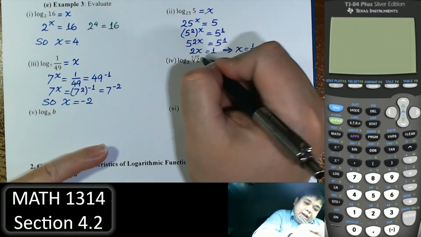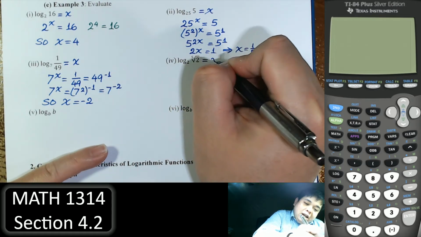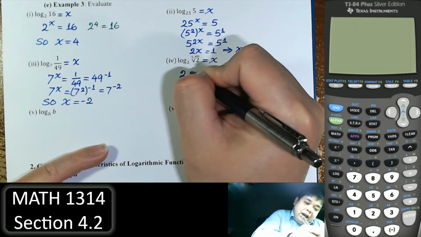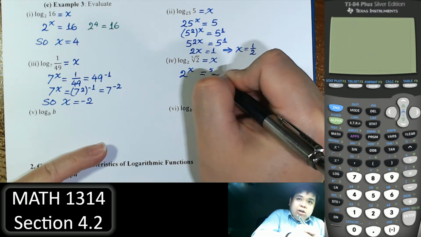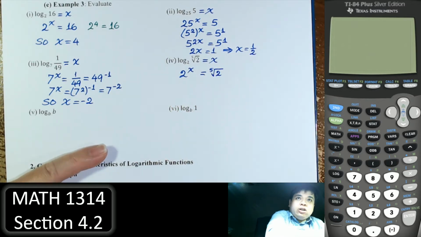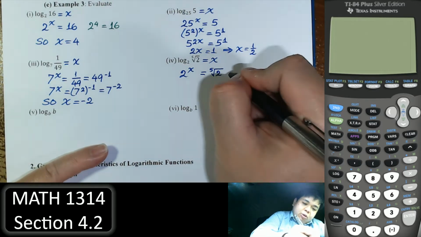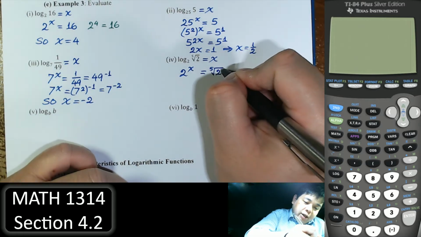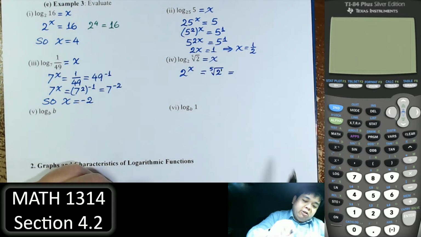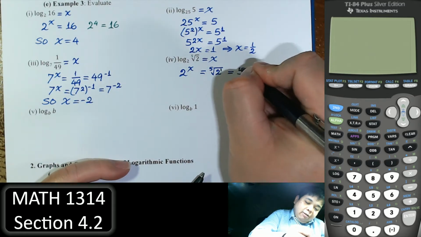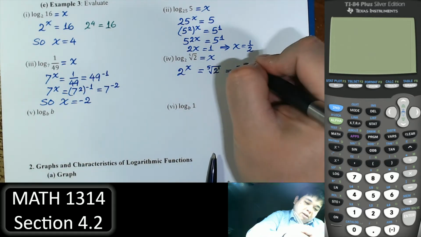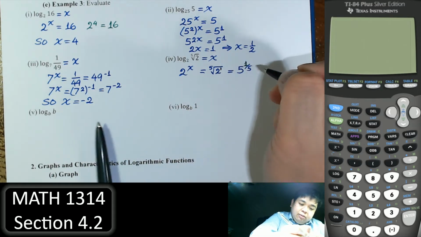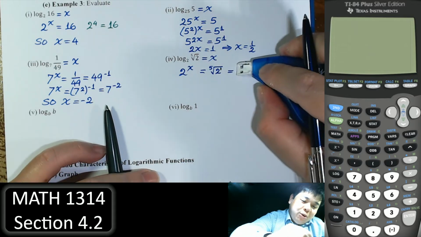Once again, we don't know what this is equal to, so make that equal to x, and then we swap to exponential form. x goes here, and the fifth root of 2 goes to the other side. Now, the fifth root of 2, we can write as 2 to the 1/5 power, so we have the power on the top and the root at the bottom.